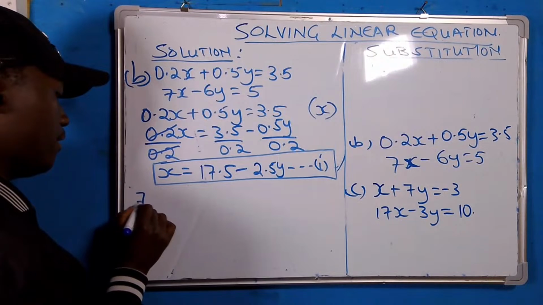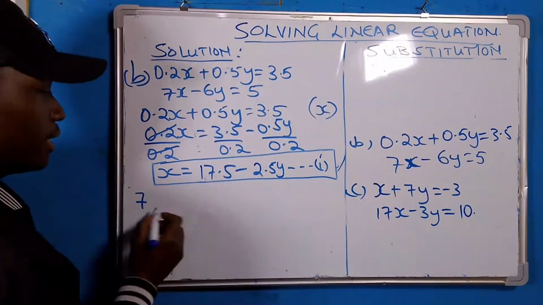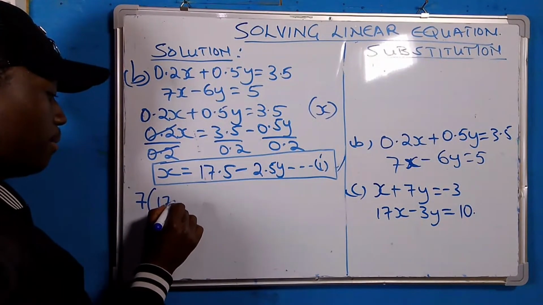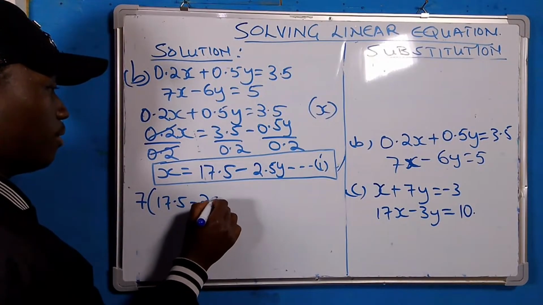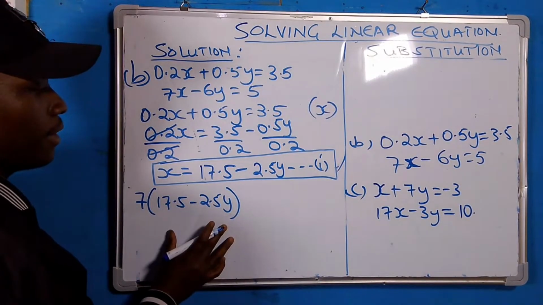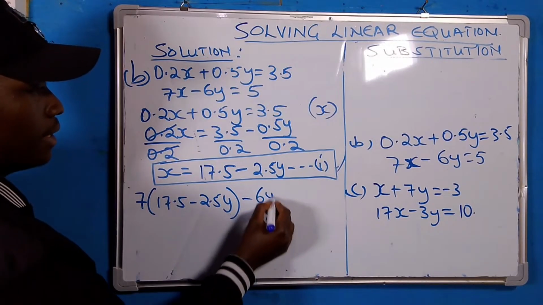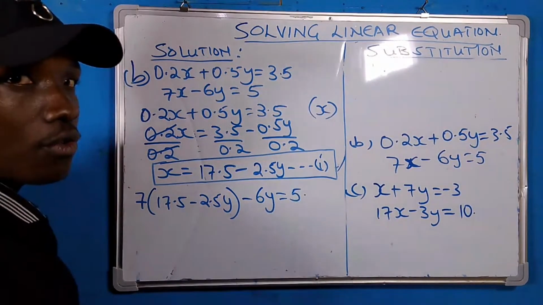So we say 7 times x, where x is 17.5 minus 2.5y, minus 6y is equal to 5.